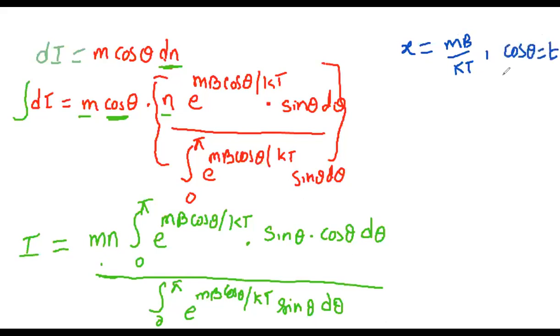And m into n, which is the intensity due to spin, I am assuming as the symbol I. Now if I take the derivative of cos theta, apply the derivative on both sides: cos theta becomes minus sin theta d theta, which is equal to dt.